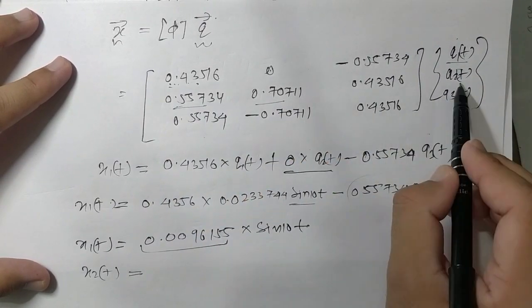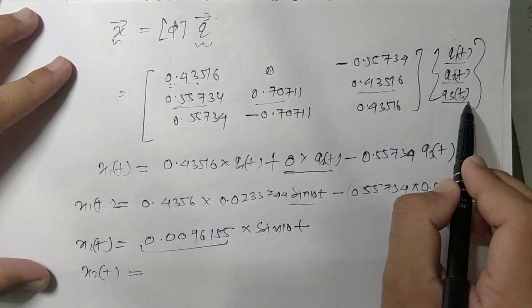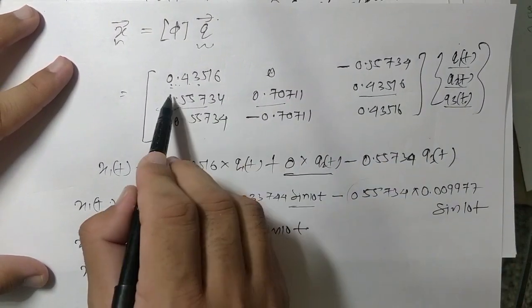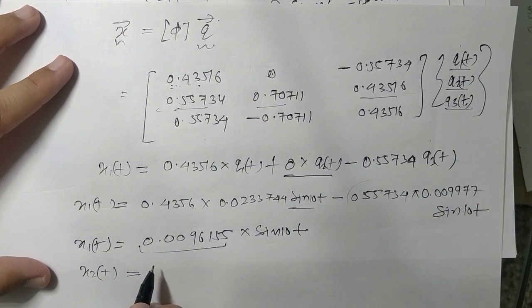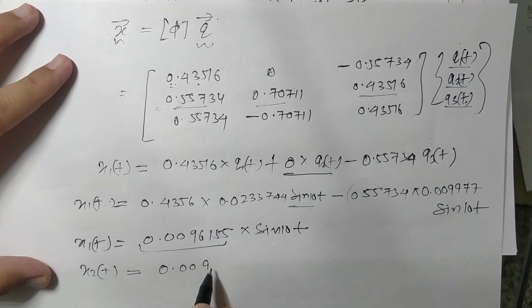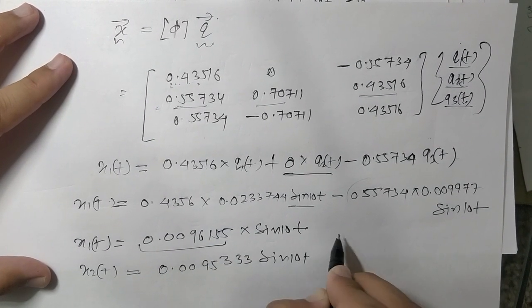Similarly, from this equation we can find out x2(t), and x2(t) would be this multiplied by q1(t), plus this multiplied by q2(t), and this multiplied by q3(t). So using the second row of this equation we can find out x2(t), which I will write here: 0.0095333 sine 10t meter.